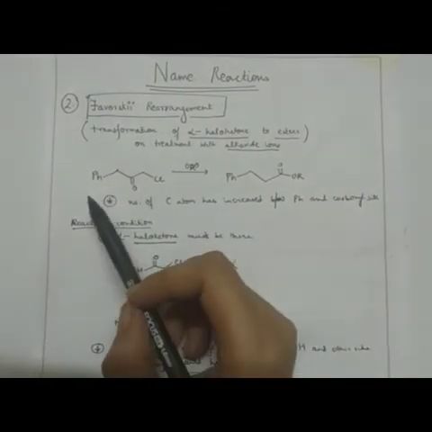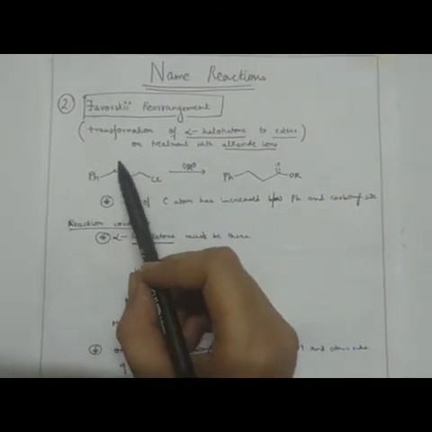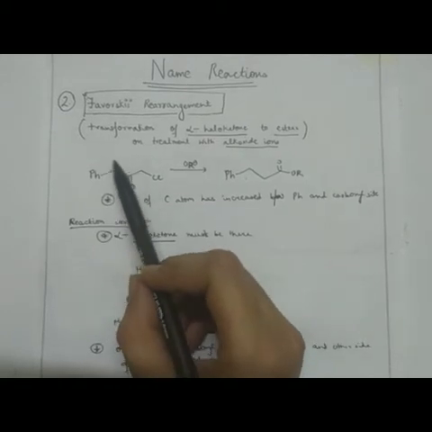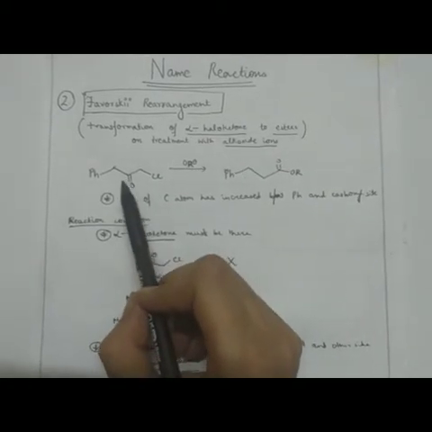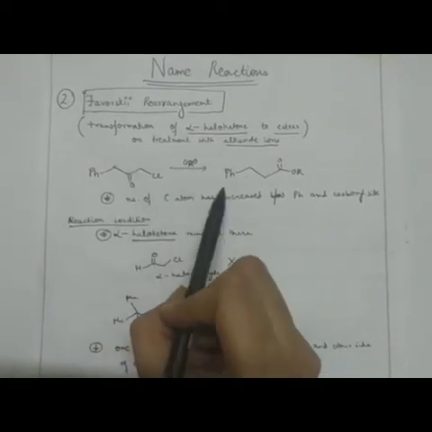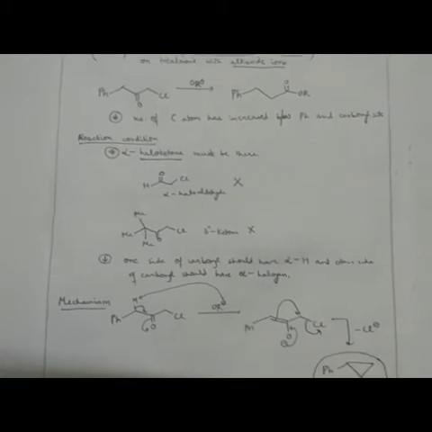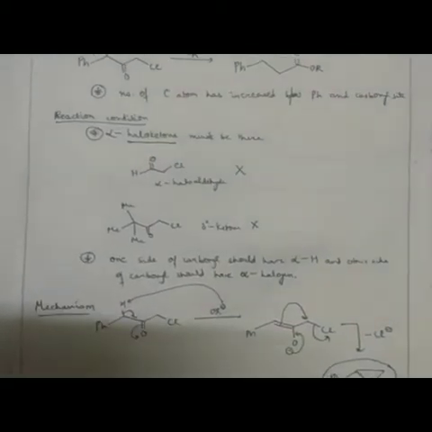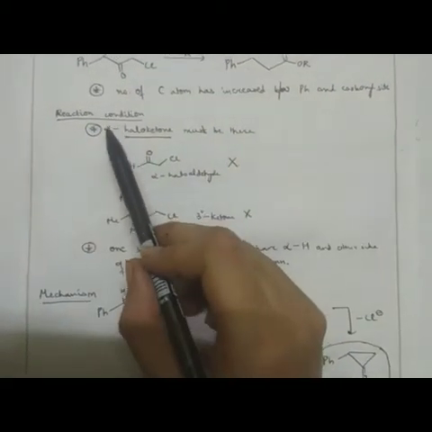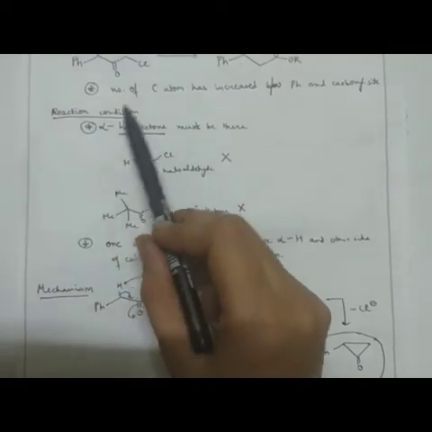Another thing to note here is that the number of carbons between the phenyl and the carbonyl has increased, right? So let's see how this is happening. The reaction condition is that there should be an alpha haloketone.